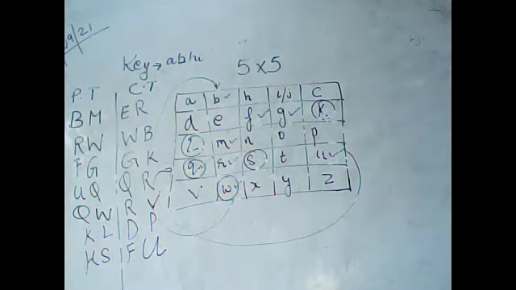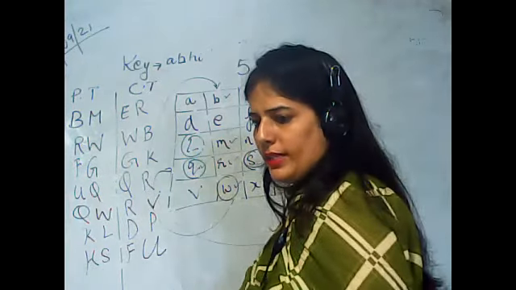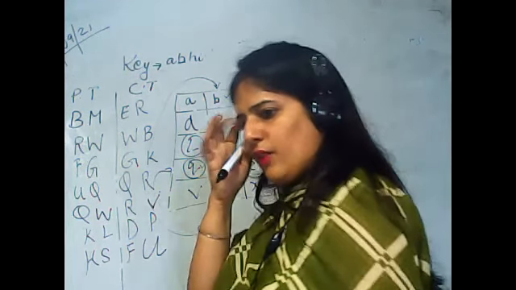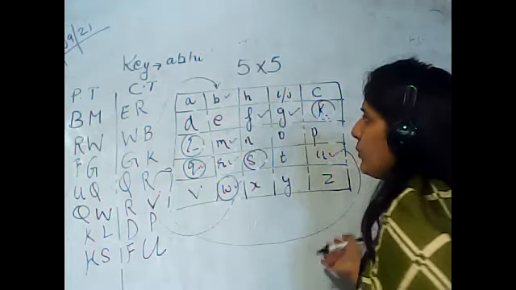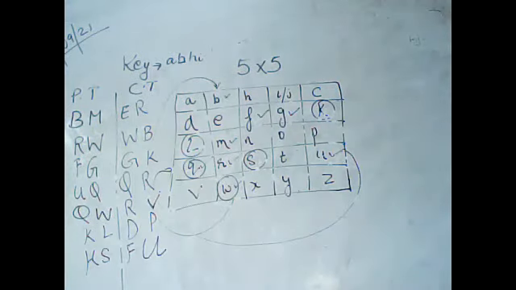We have tried including all the possible combinations of letters so that you will be able to understand all the rules. Is it fine? So I think we are done with this particular Playfair technique. Now we will be switching towards the next technique, that is the Hill Cipher technique.